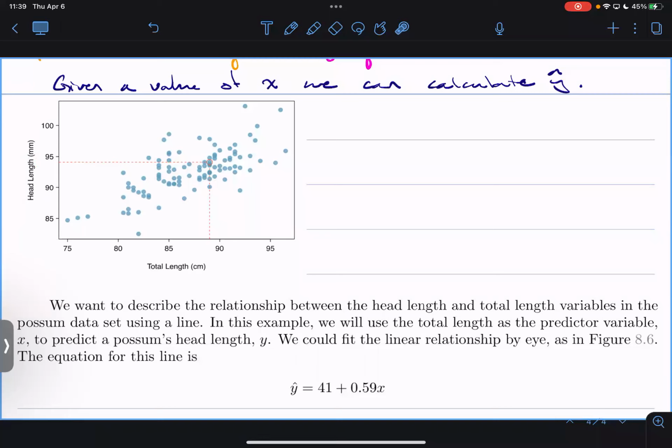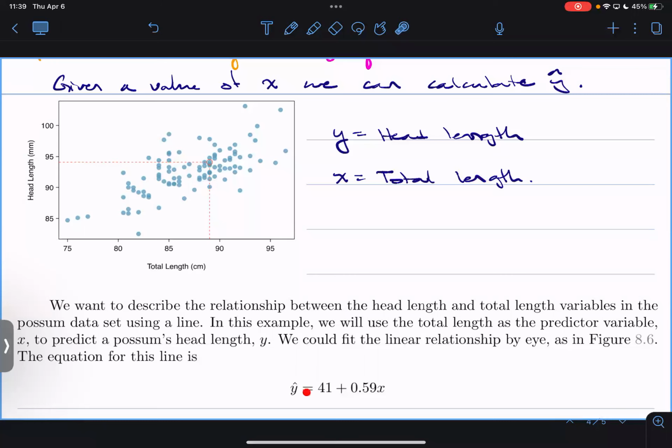Here y is the head length and x is the total length. In our blurb that we're skipping, I would give you the mean head length, the standard deviation of the head length, the mean total length, and the standard deviation of the total lengths, and then the correlation.